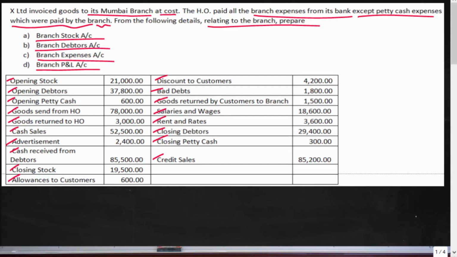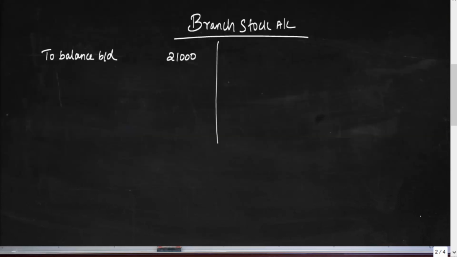Then we have opening petty cash. Since we don't have branch cash account or petty cash account, for the moment let's keep it silent. We'll see how we can factor this. Then we have goods sent from HO and goods returned to HO, 78,000 and 3,000. So let's factor that, and that should come under branch stock account. So we'll write to goods sent to branch account.